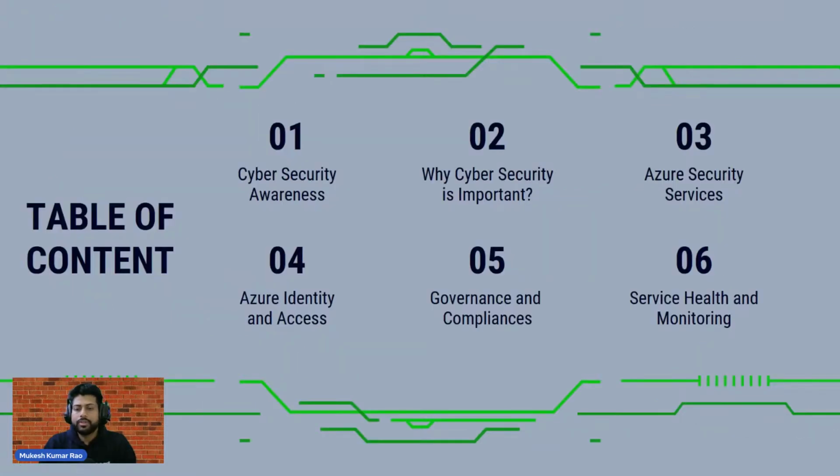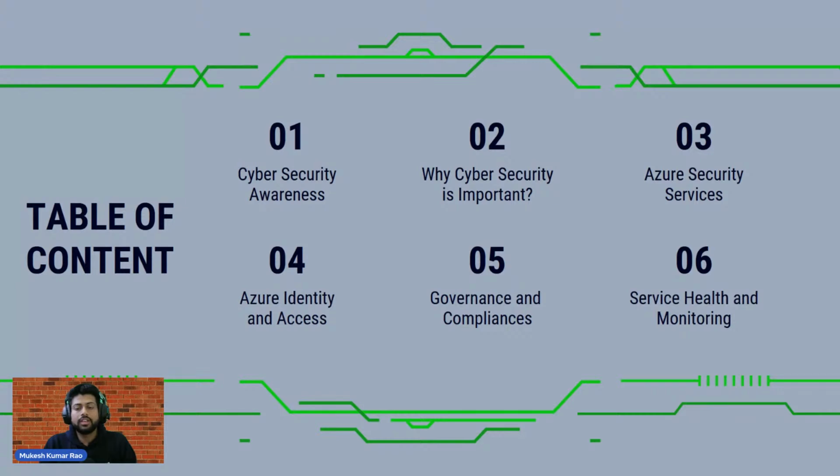These are the topics I have covered: the basic things about cybersecurity and why it is important, and what security services we have in the cloud, Azure, and then identity and access management, which is an important part of the cloud to protect and restrict resources.